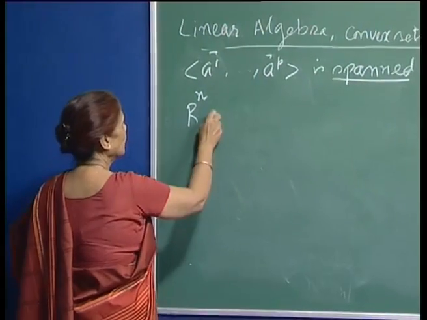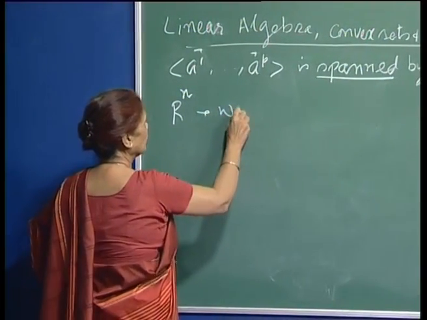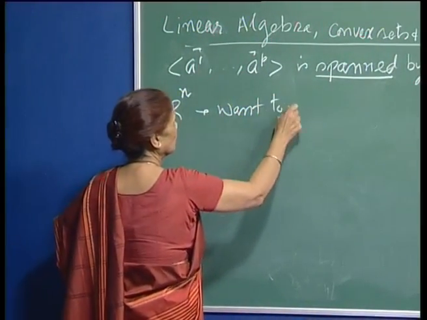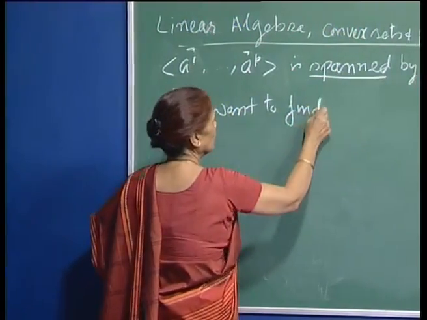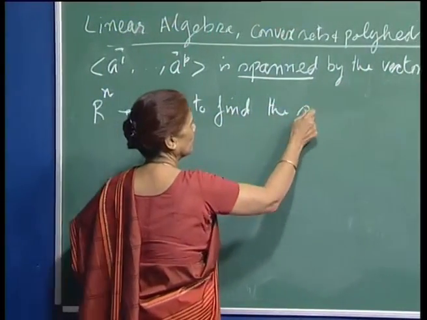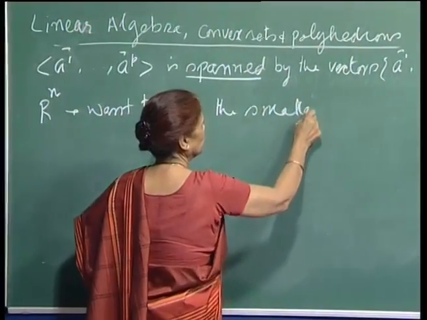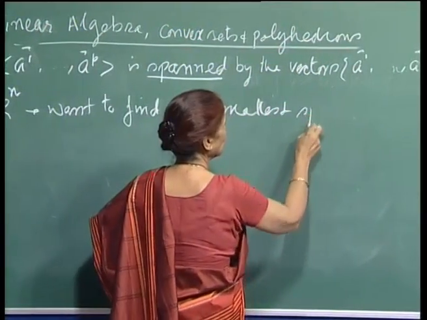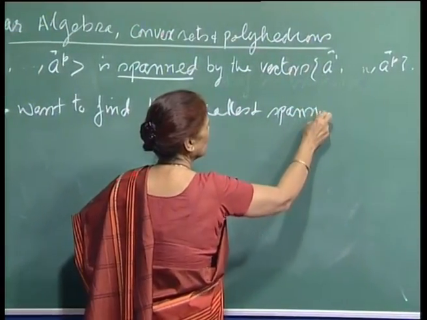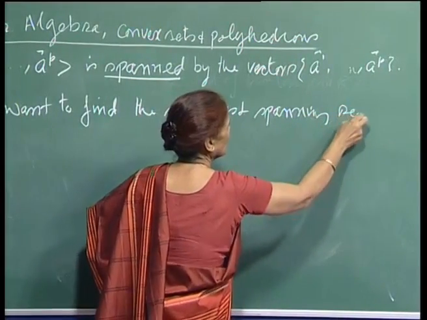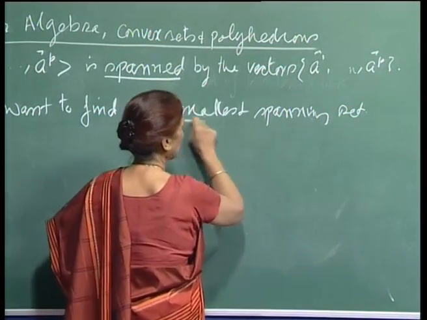for example, for Rn, is to find the smallest spanning set. Okay, the smallest spanning set.